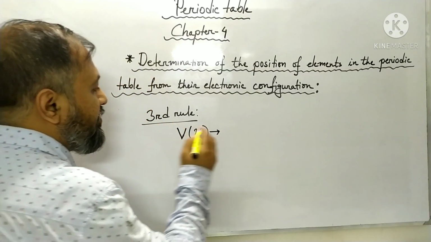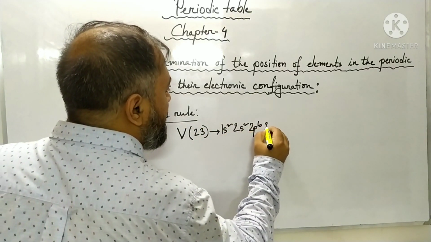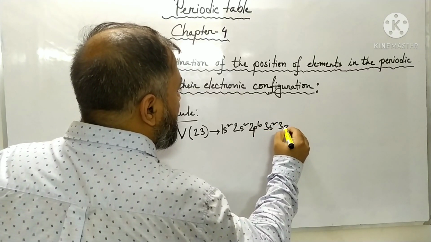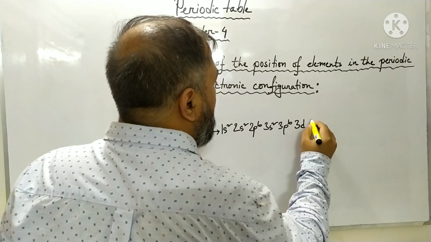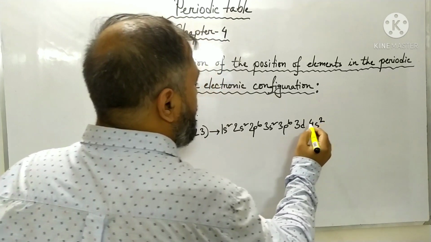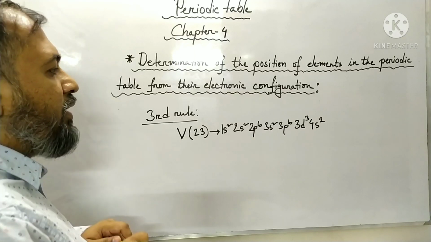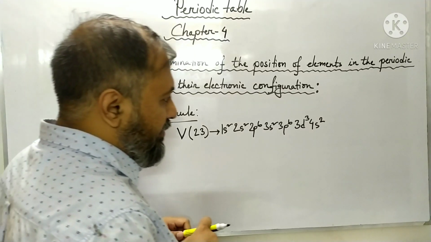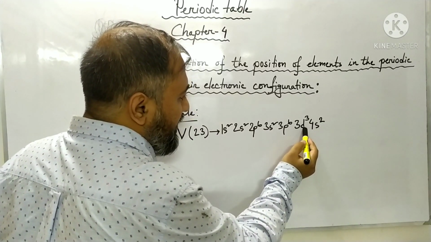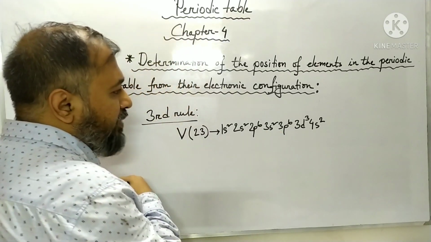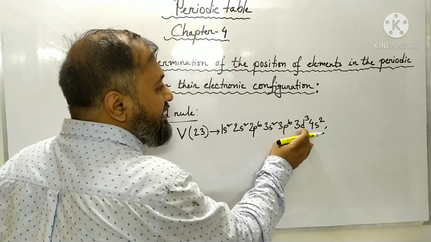And how these electrons are distributed, you can see: 1s2, 2s2, 2p6, 3s2, 3p6, 4s2, and 3d3. So the electron enters the 4s energy shell, and the previous energy shell is the 3d energy shell.